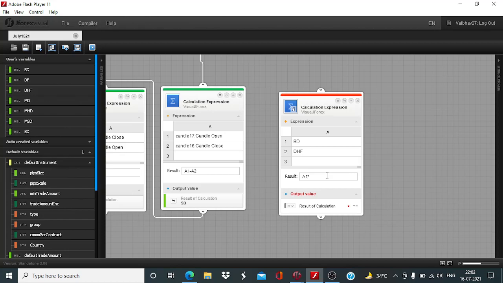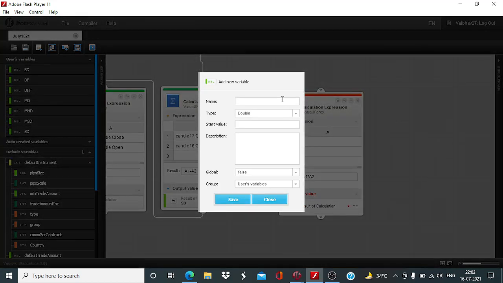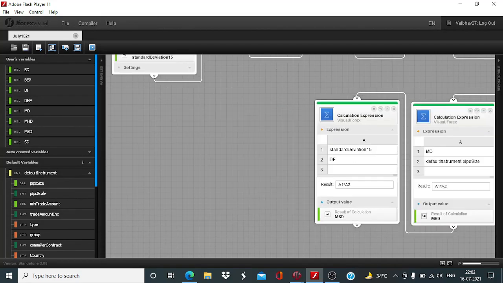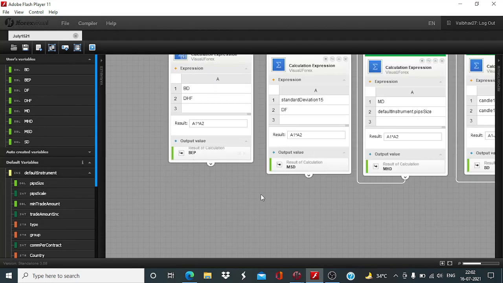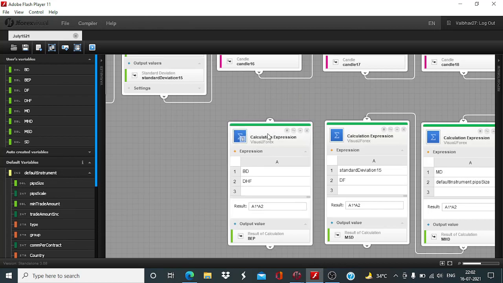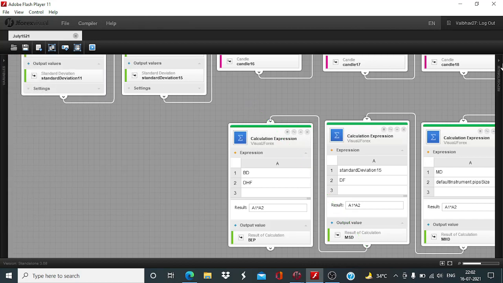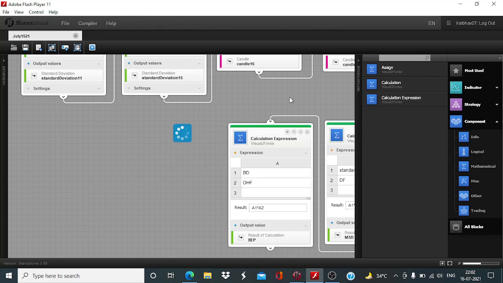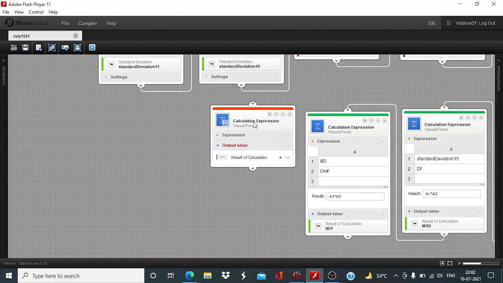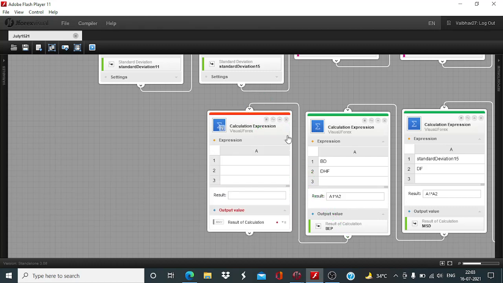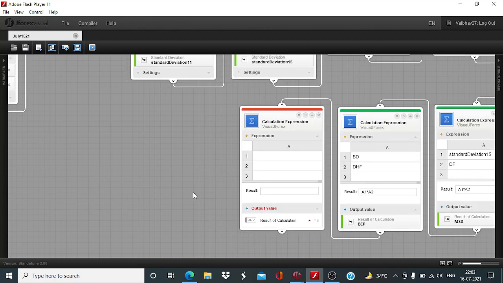A1 into A2. This output we will deduct from the last tick price, which then later on can be used as our entry point.